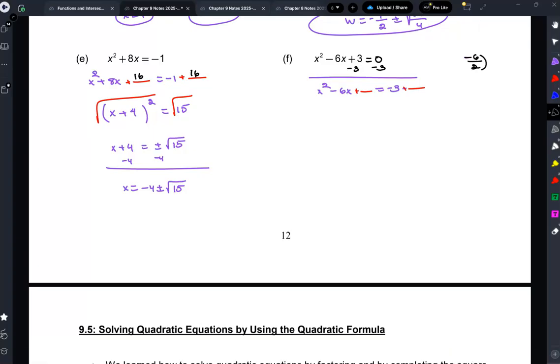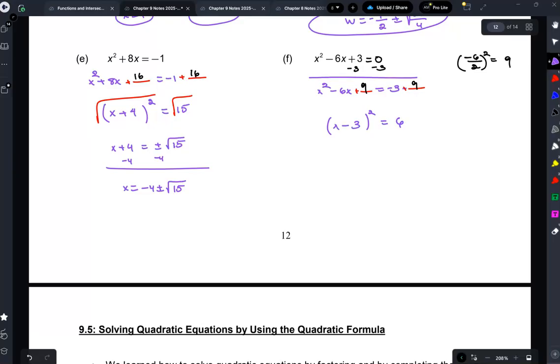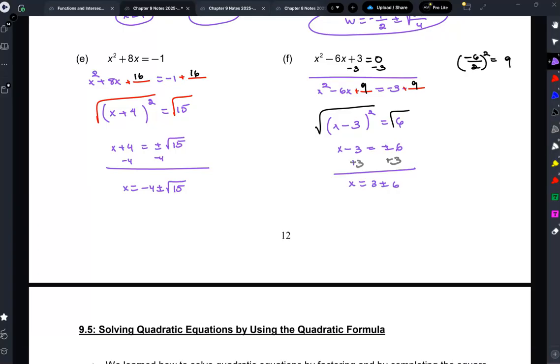All right, let's do it. I got 3 plus or minus root 6, right? 3 plus or minus root 6.